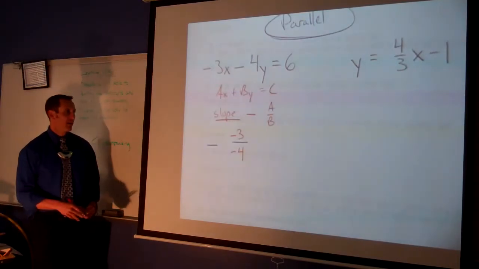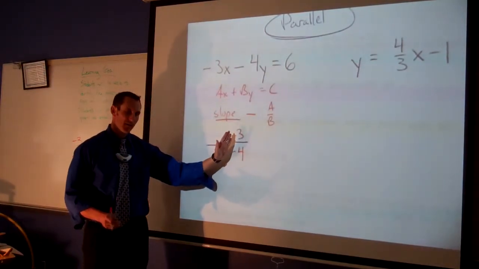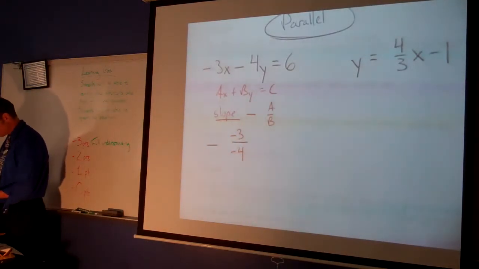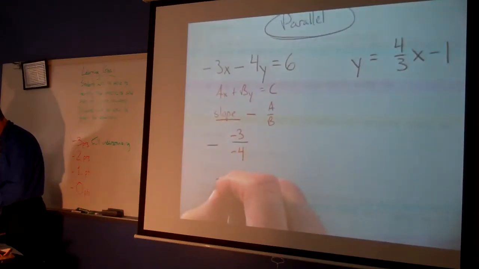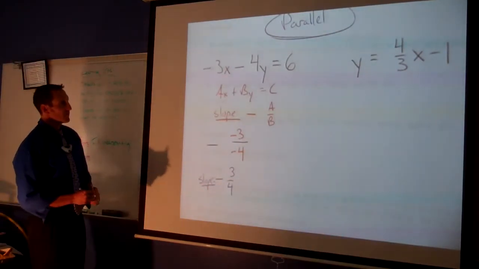When we simplify this, a negative over a negative is a positive, but then there's that negative out in the front. So this will still be -3/4. That is the slope. So the slope of the first line is -3/4.